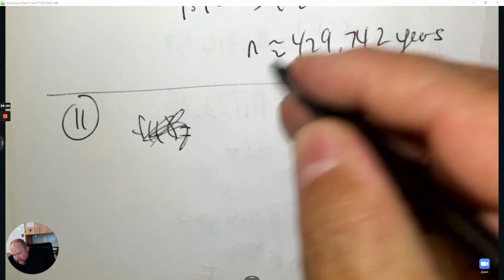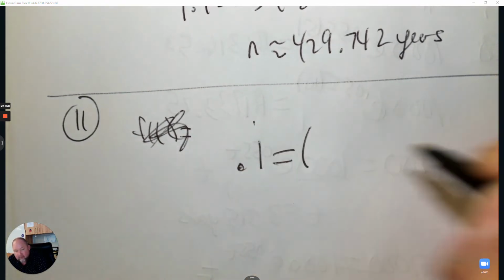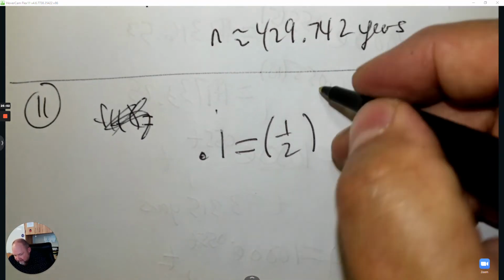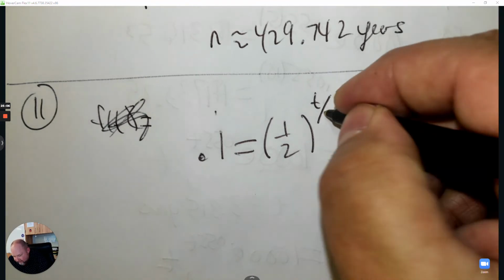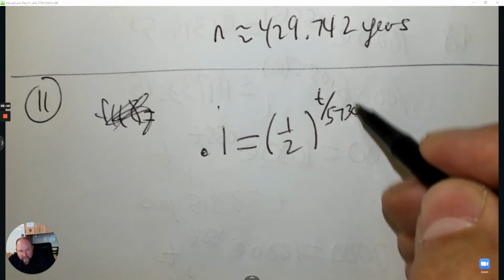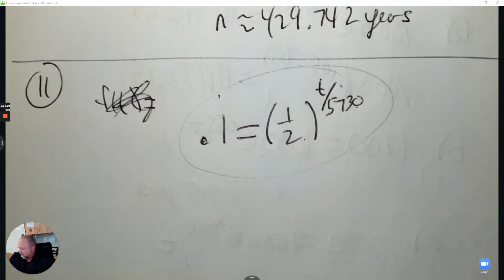So, only 10%, that's 0.1, and the half-life is 5,730. So every 5,730 years, it becomes half its size. We're going to solve this equation.